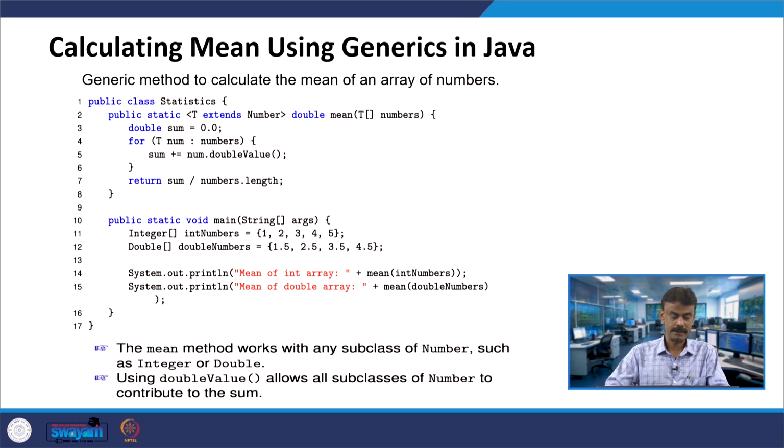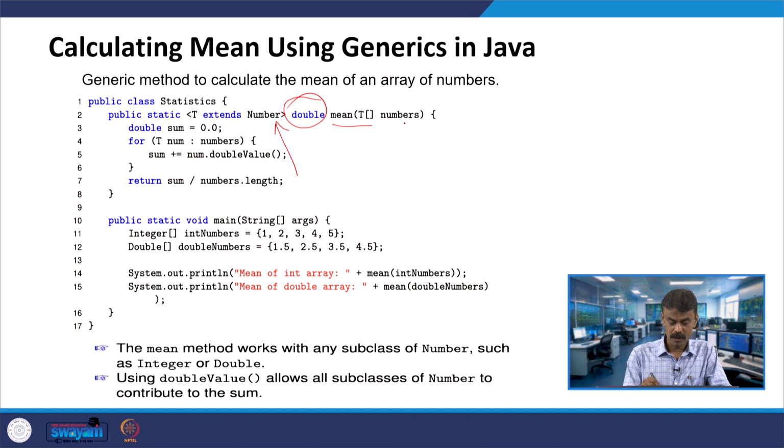How do you calculate the mean? Suppose an array of elements is given, add everything and divide by the number of numbers. So, now again we are using extends, and we are using the superclass Number, or you can say interface, Number. So, public static T extends Number, and you have the mean method, and the return type is double.